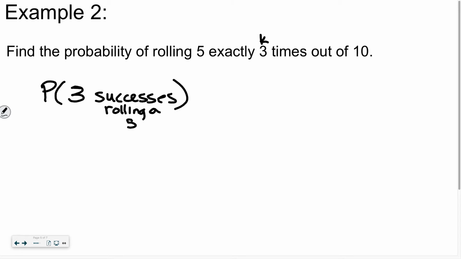So that's my K. Out of 10 trials, so there's my N. And what's the probability of success? Rolling a 5. 1 out of 6 on a die. Therefore, what's 1 minus P, the probability of failure? 5/6.